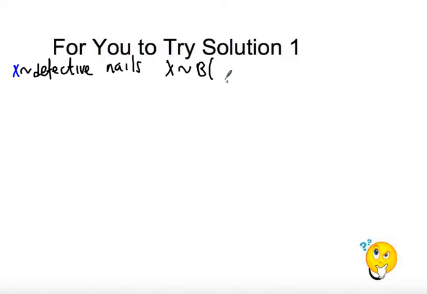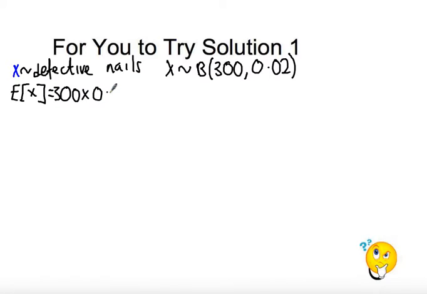The number of nails that we're looking at is a box worth, so that's 300 nails in a box, and the probability that it's defective is 0.02. Now the expectation, or the average number of nails defective in each box, will be n times p, which is 300 times 0.02, and so we get an answer of 6. So we can say that x is distributed with a Poisson mean 6.